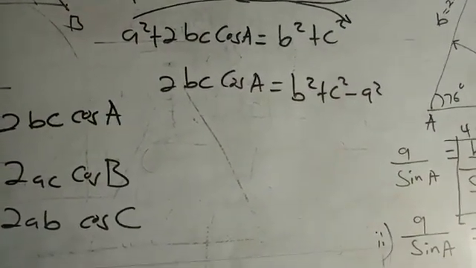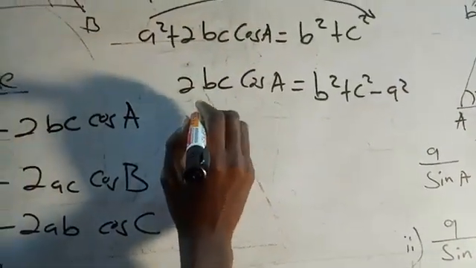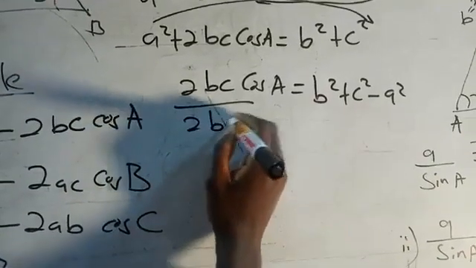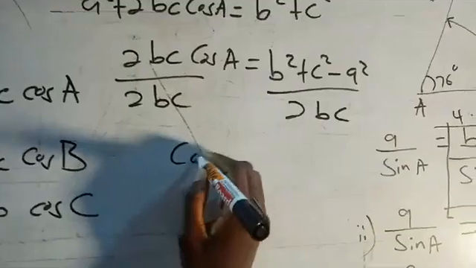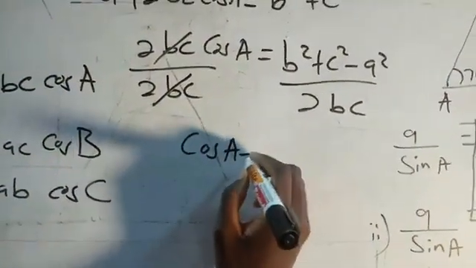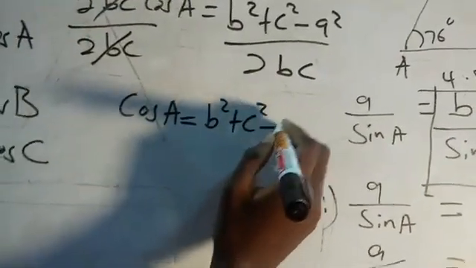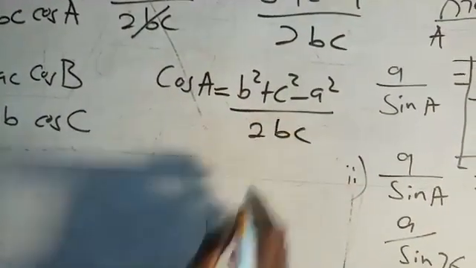Remaining with cos A, we divide by 2bc, becoming cos A equals b squared plus c squared minus a squared over 2bc.